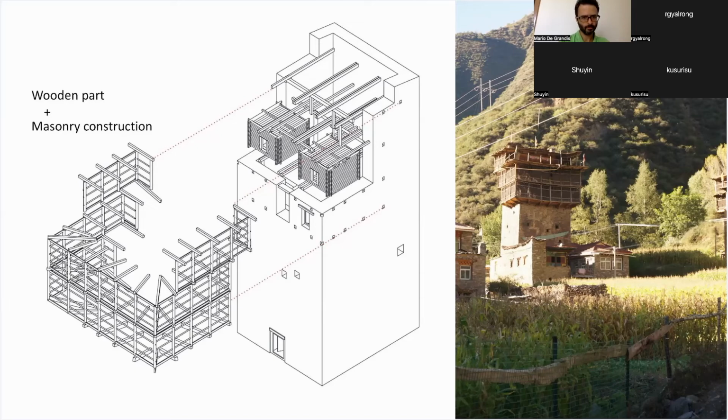Installing such different wooden structures into stone structures can reduce the building's load and also enlarge the indoor space, but it can also increase the complexity of the building process.